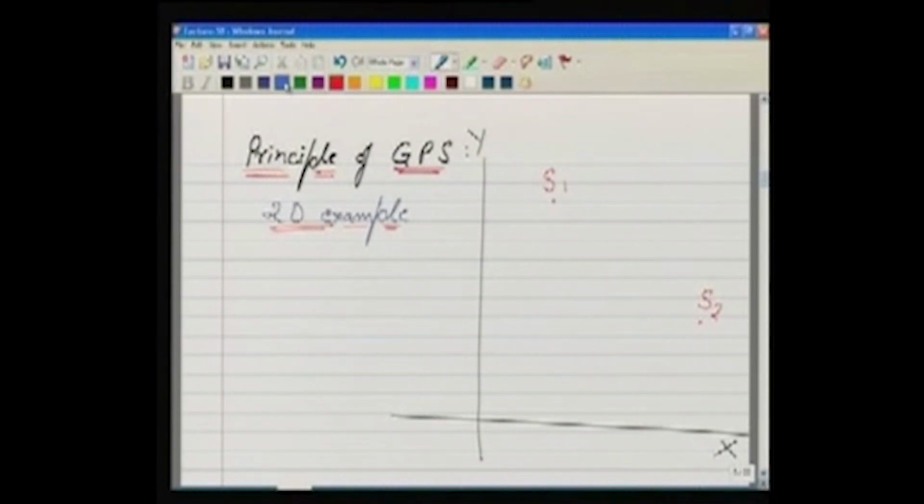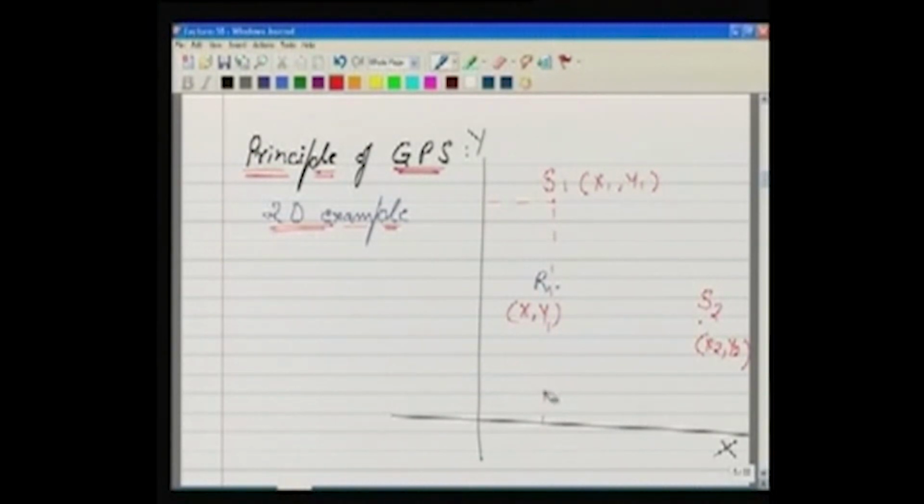There is one unknown point, which I call R. S1 and S2 are known, meaning we know their coordinates: x1, y1 for S1 and x2, y2 for S2. For R, we want to determine its coordinates, x and y.